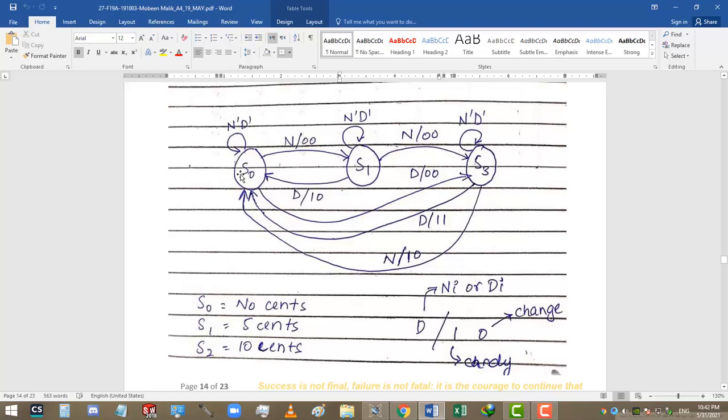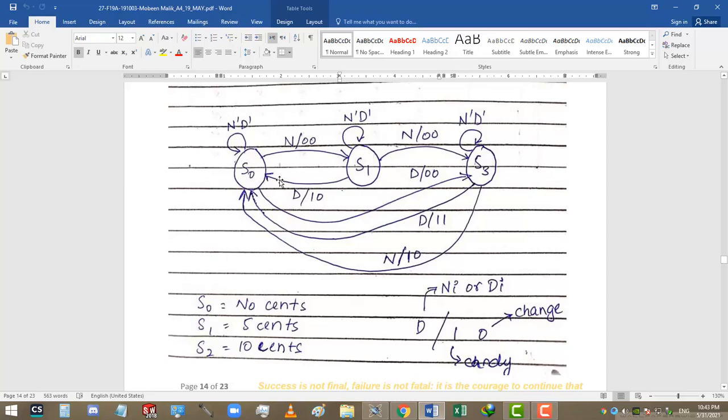Now if we talk about the dimes, if I put a nickel to make the machine go from state 0 to state 1, then after I put a dime in it, as you can see, the machine returns back to state 0 because a nickel and a dime makes 15 cents. So the candy output becomes 1 and the machine returns to its original state of 0 cents.